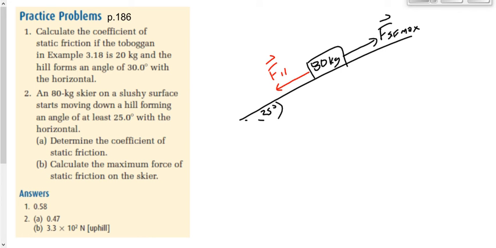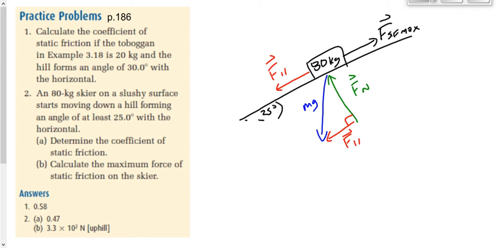Now, of course, we know where F parallel comes from. It comes from the force of gravity, m times g, and it also comes from the normal force right here that is perpendicular. We know that F parallel has to be drawn parallel to the surface, and perpendicular to the normal force. I hope I've mentioned this enough times now that you get it right every time.